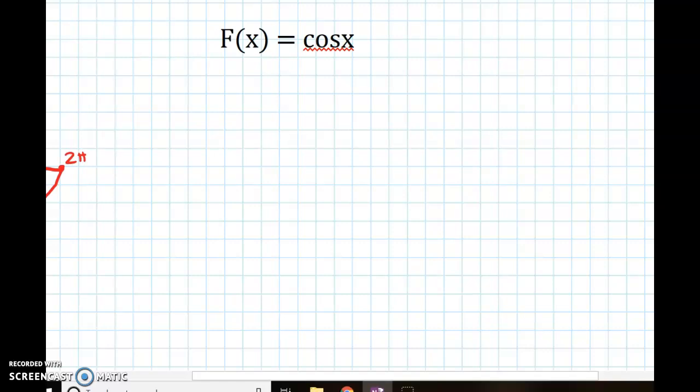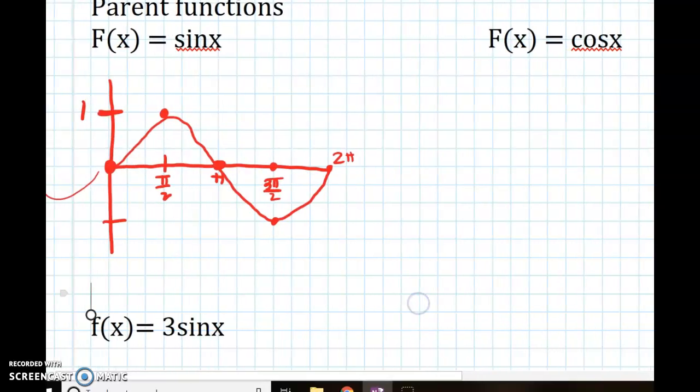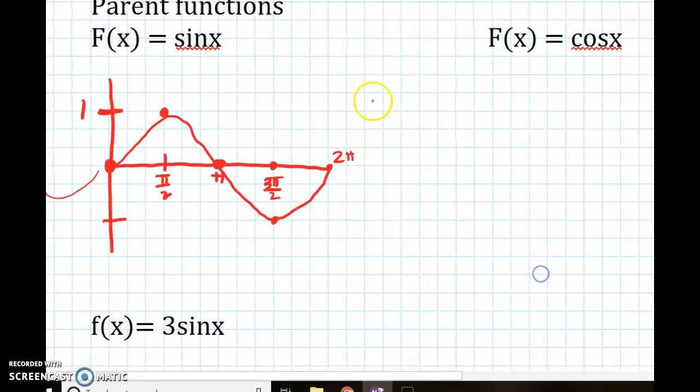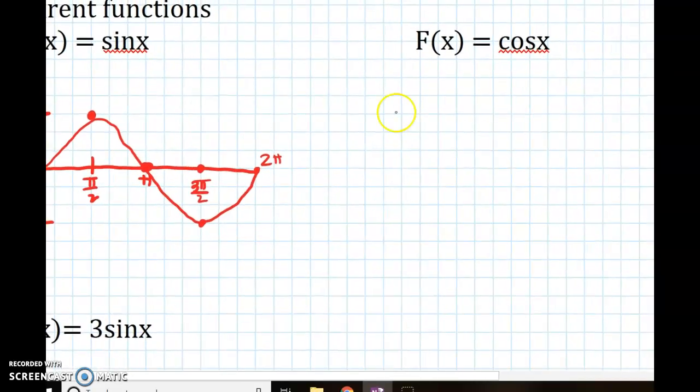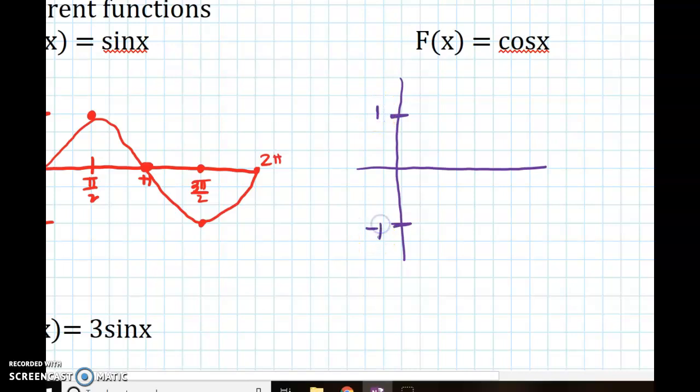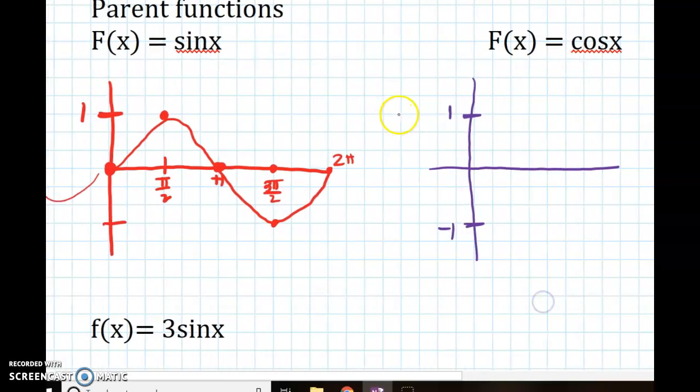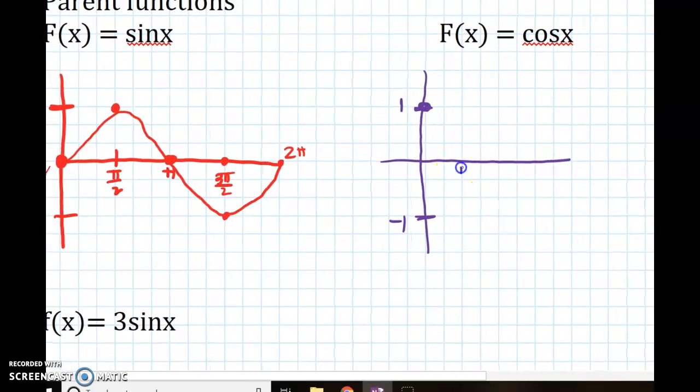So now let's do a cosine graph. With our cosine graph, again, we still have 1 and -1 as our maximum and minimum values. Cosine starts at the top. Then at pi over 2, it goes down to the middle.